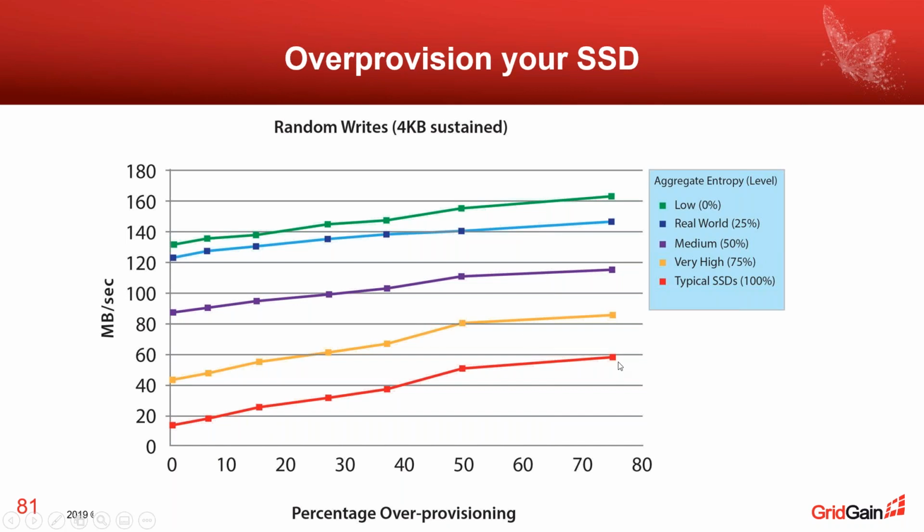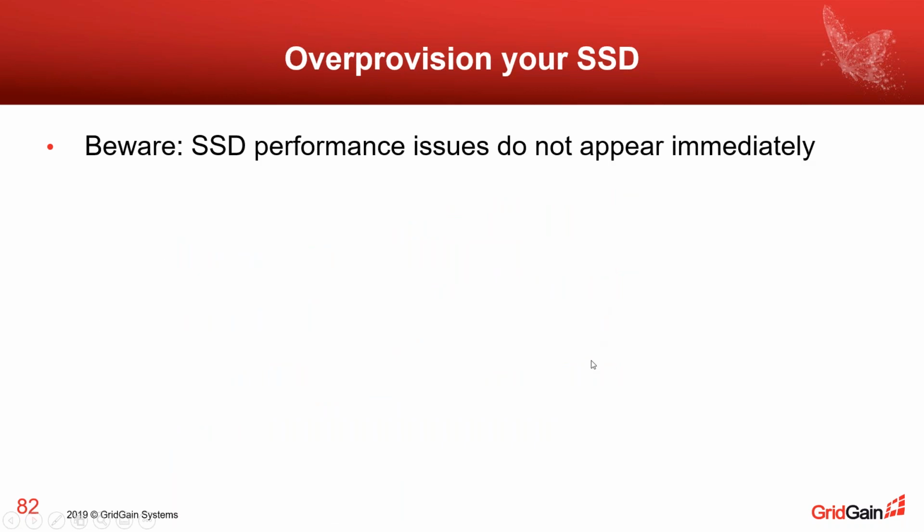But if the pattern is not friendly, with a 100% entropy level, where writes and reads are completely random, in such a case completely full disks operate nearly 3 times worse than nearly completely free disks.